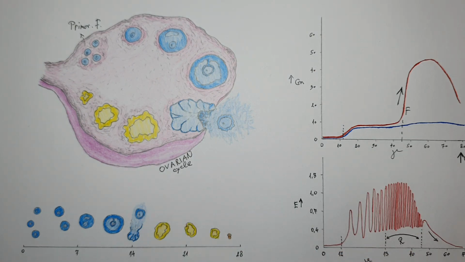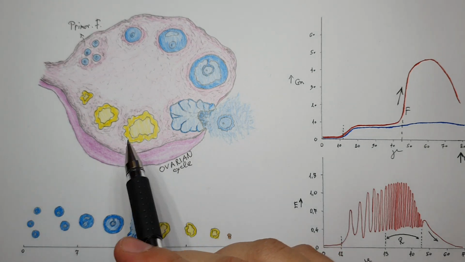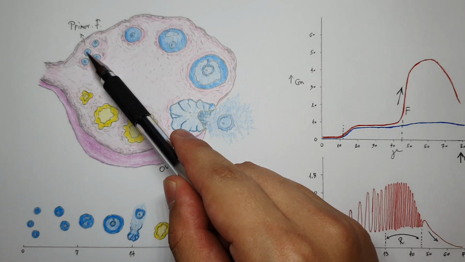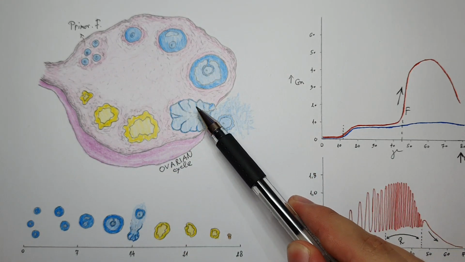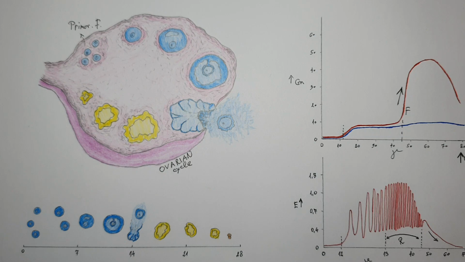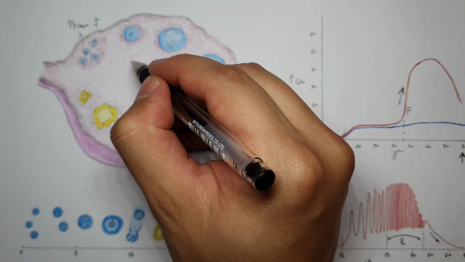What is actually happening? So under the follicle stimulating hormone, I will just say that this blue part is happening. So the follicle stimulating hormone is stimulating follicle development, hence the name follicle stimulating hormone.